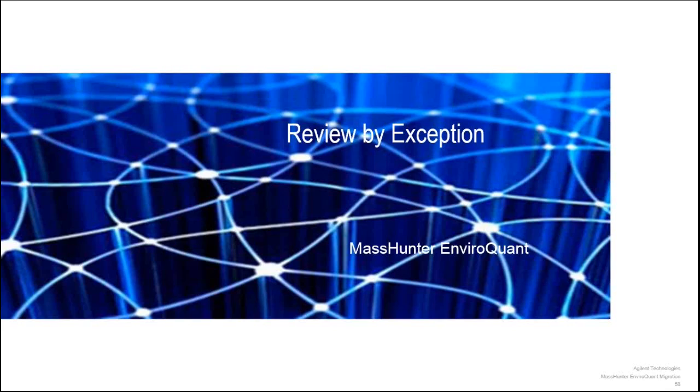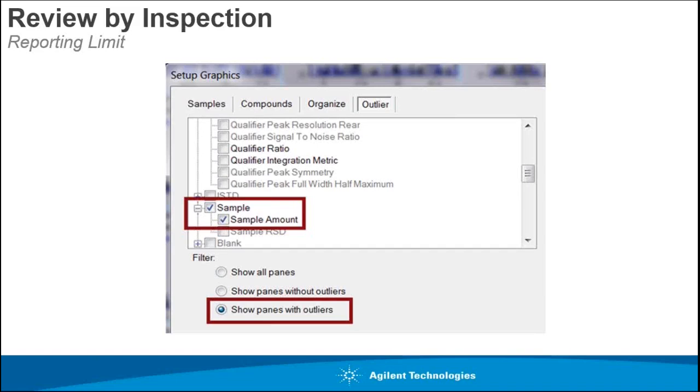All right, a theme that I would like to emphasize, I already mentioned it in a couple different ways with the outliers, is review by exception. So the analyst has too many results if they have to review all of them. So the idea here is let's focus on the set that's important. So with the outliers, I'm able to focus.